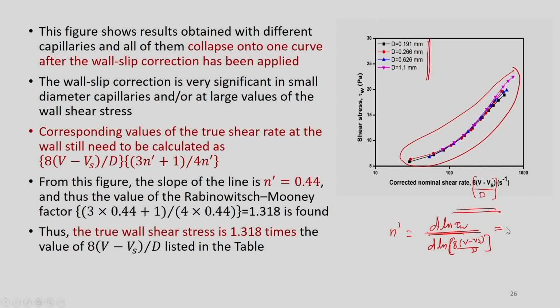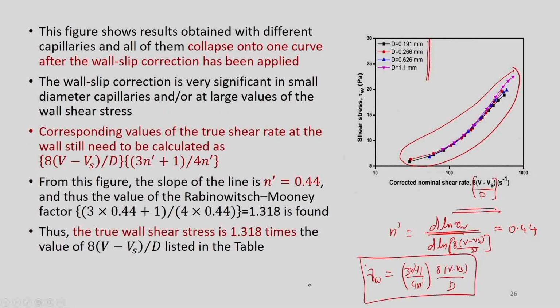You will find that this n prime is 0.44. Then the true shear rate gamma dot w would be (3n prime plus 1)/(4n prime) multiplied by 8(V minus Vs)/d. This would be the true shear rate. So this is how we have to incorporate it.